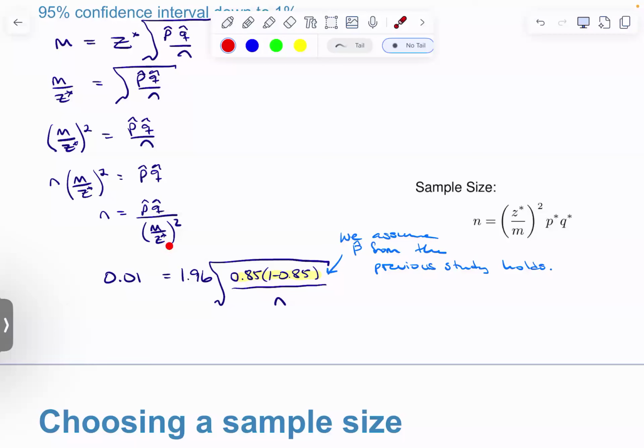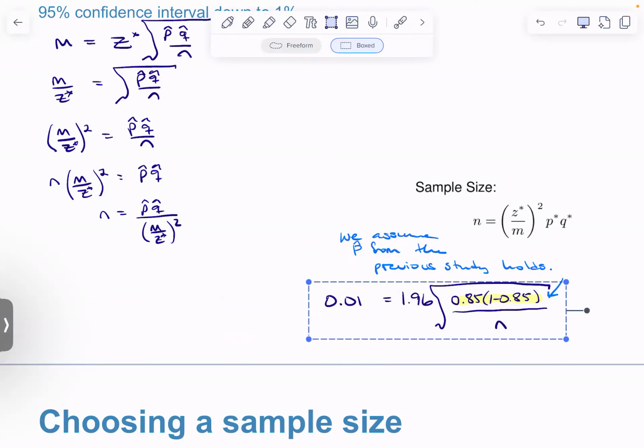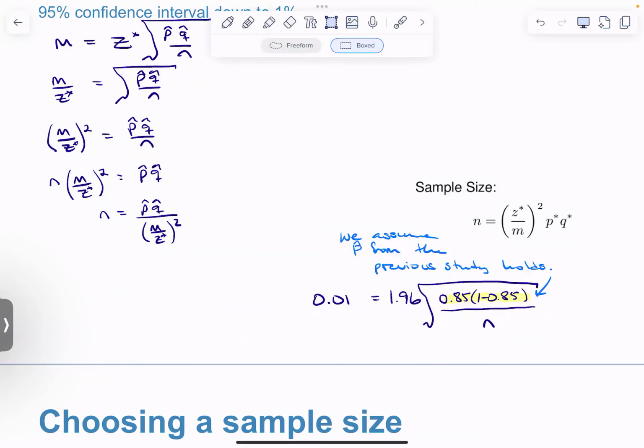This is a fraction over a fraction, which means I can flip and multiply. And so this becomes, uh-oh, now I've really done it. This becomes n is z star over m all squared times p hat q hat.